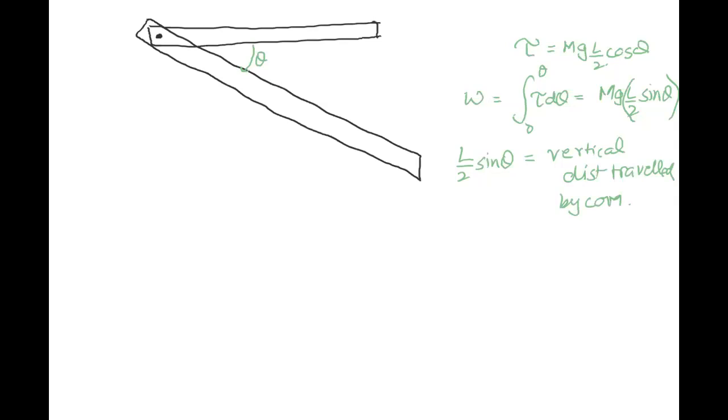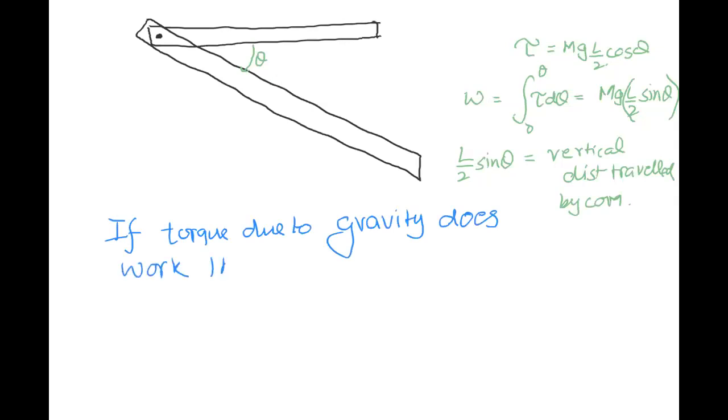That is that if torque due to gravity does work, then work done by torque due to mg will always be equal to plus minus mgh.